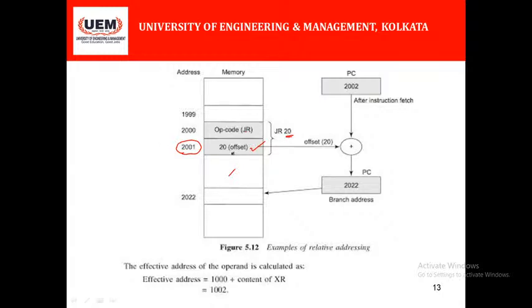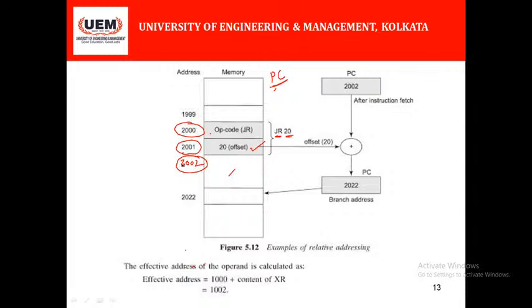Offset 20 is stored here, and the opcode of JR is stored in 2000. So what happens is that we retrieve the offset. First of all we calculate the program counter value. The program counter indicates the next instruction that is going to be executed. 2000, 2001, the next instruction is 2002.